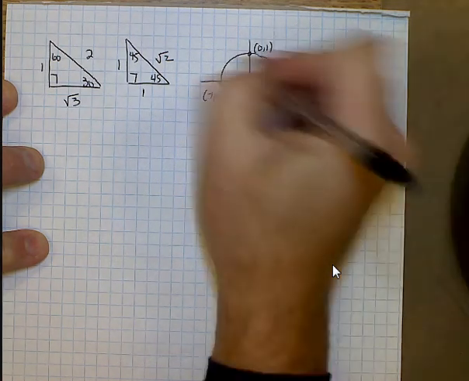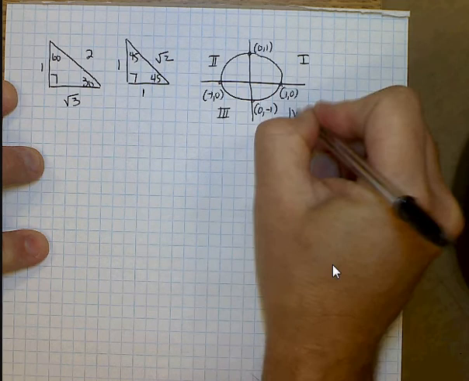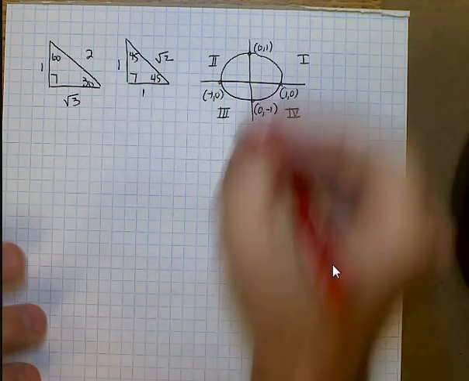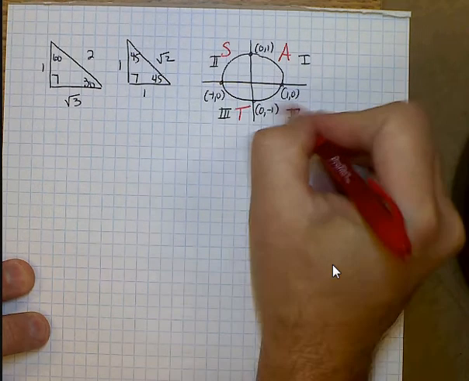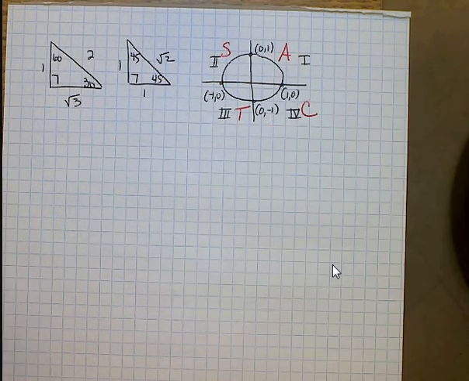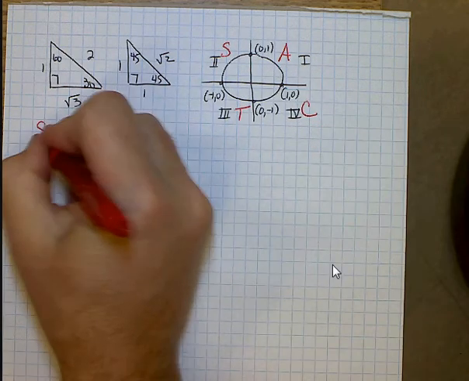The fact that this is quadrant 1, 2, quadrant 3, and quadrant 4 in terms of location. You need to know in terms of the trig functions, ASTC, what trig functions are positive in the quadrants. Then you needed to know with the triangles, SOH CAH TOA.